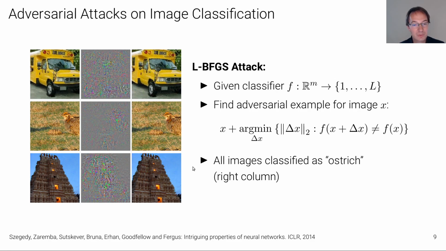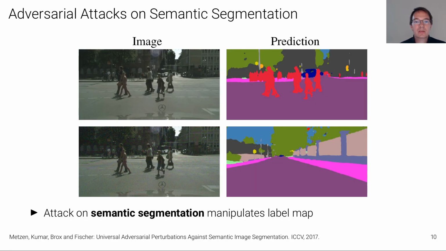What was quite surprising at the time is that the perturbation can be really, really tiny in order to make the classifier really, really confident that this is an ostrich. This spawned an entire research field on adversarial attacks. For instance, it has been demonstrated that in the case of self-driving, adversarial attacks can be effective on the task of semantic segmentation.